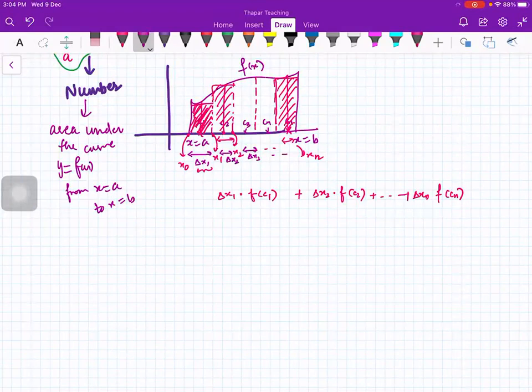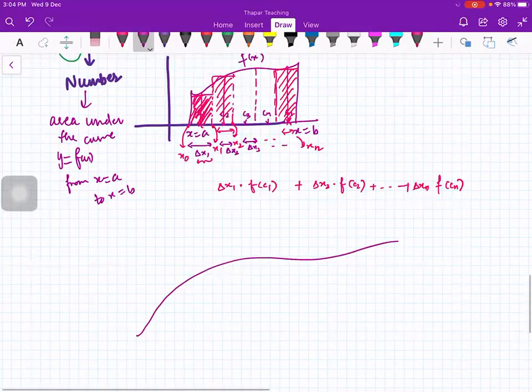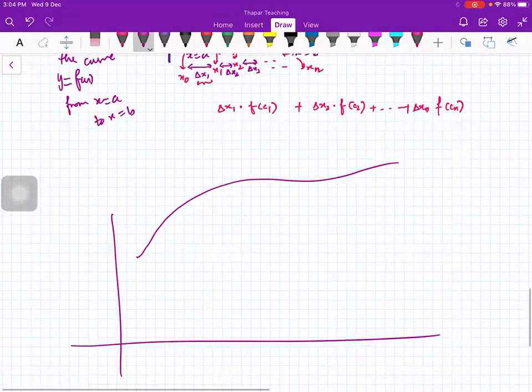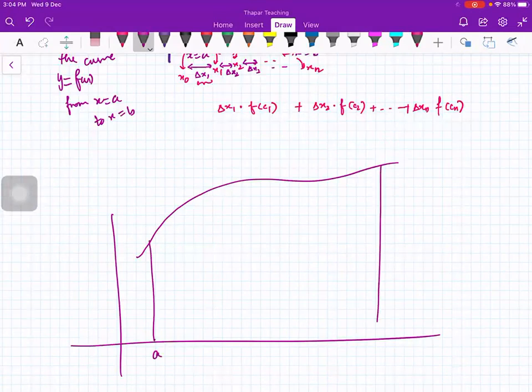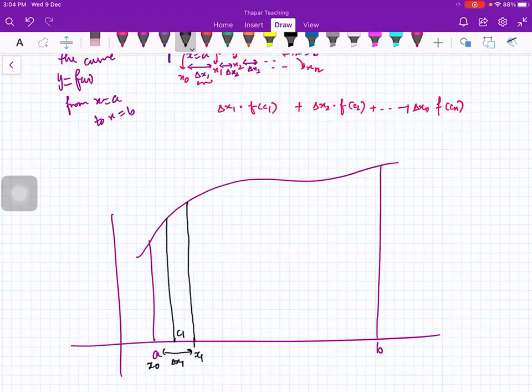What I am saying is, suppose this is your curve, this is the point A, this is the point B. I am just telling you how the integral comes. This is your point, you call it x0, call it x1. You call it delta x1, whatever is the length, and inside you fix c1, and the value of the function at c1 is here. So this length is f of c1.